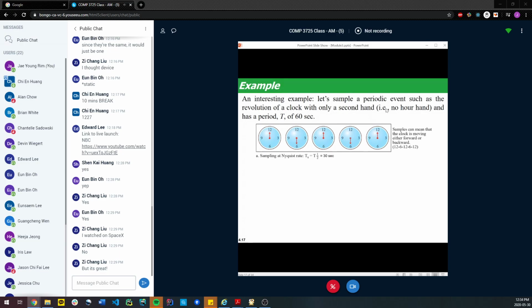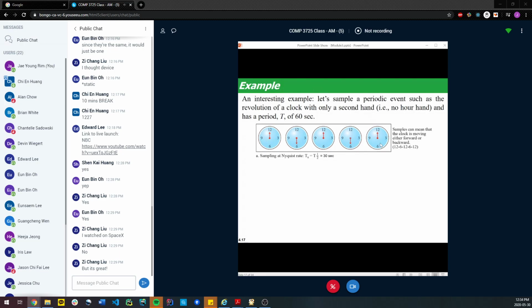If I focus on what's called the second hand, which completes 1 revolution in 60 seconds, and I want to double the frequency in terms of sampling, I'm going to do it once every 30 seconds. So if you scan from left to right on this diagram here, can you see that the clock is actually moving? Can you see that the clock's actually moving, if you go from left to right?